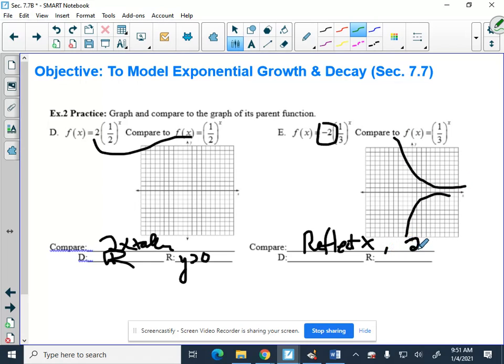It's still going to be 2 times taller. The domain still will be all reals, and the range will now be y is less than 0. So it's learning to recognize what those things do. Now, we could graph all those. We could make little tables for them all, but we don't have to if we understand what some of those numbers do. All right, I think that is it for that one. Is at the bottom of that page.